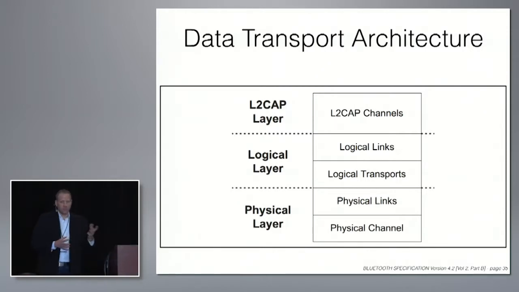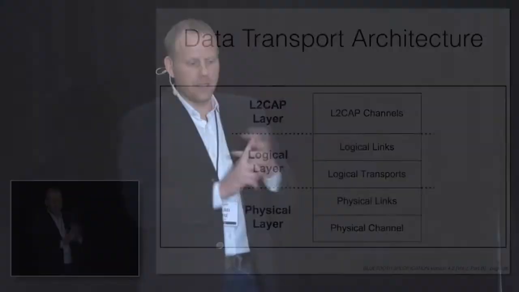Then you have the logical links, which do all your scheduling, flow control, sequence numbering, all of that. The logical links, logical transports, physical links, and physical channel are all in the controller portion of the Bluetooth architecture.